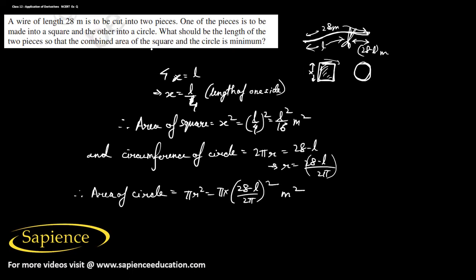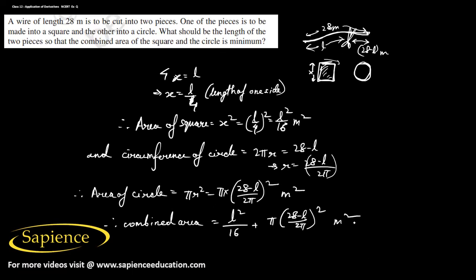So here it is told, what should be the length of the two pieces so that the combined area of the square and the circle is minimum. Now the combined area of the square and the circle will be equal to the area of the square, L square by 16, plus the area of the circle, pi into 28 minus L by 2 pi whole square, this much meter square.